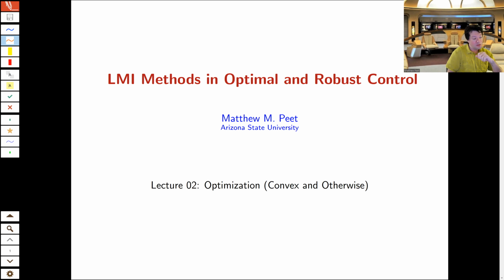We want to do optimal control, so we're optimizing something, obviously. But then there's this other part, which is also optimization, which is the LMI part. We're going to use optimization algorithms to solve our optimal control problems. So we're going to be reformulating an optimization problem in controls as another optimization problem which we can solve.